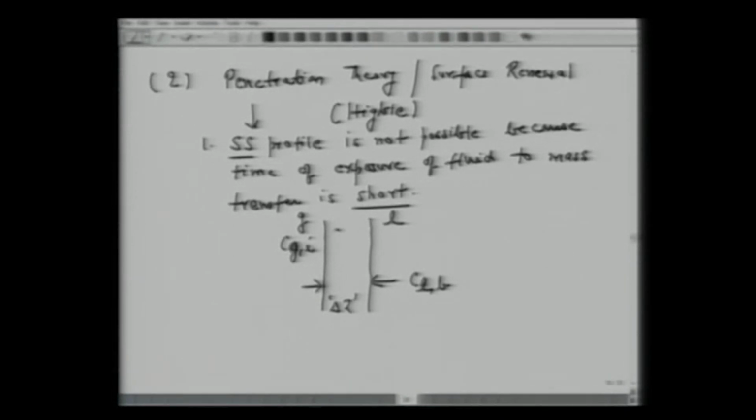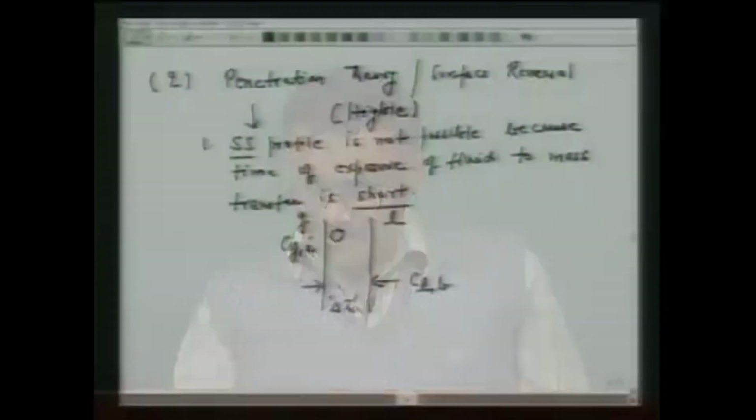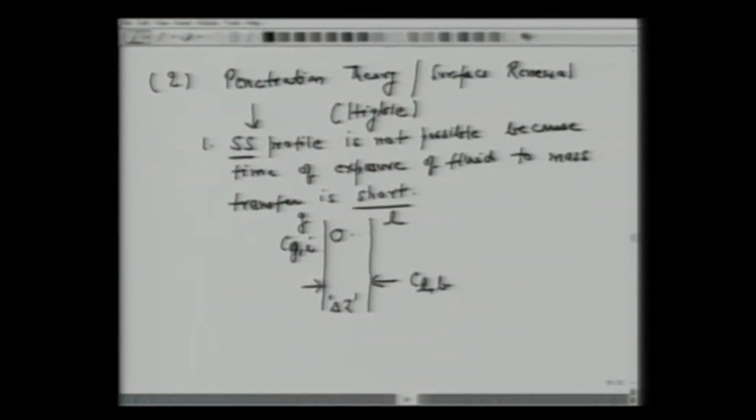there are eddies. Okay, so you have some idea of these eddies from hydrodynamics. Turbulent, very high Reynolds number. We have these eddies which move within the bulk of the fluid. Okay, so they keep on moving within the fluid, and penetration theory says that these eddies come to the surface, they spend some time here, and then they go back to the bulk.